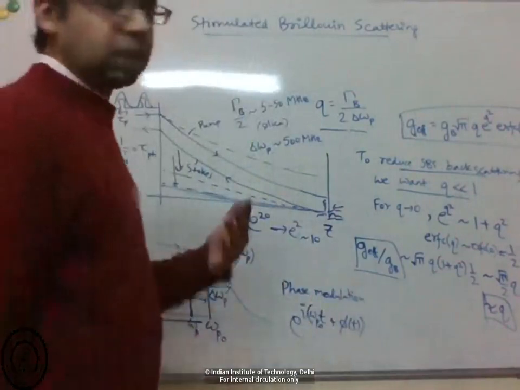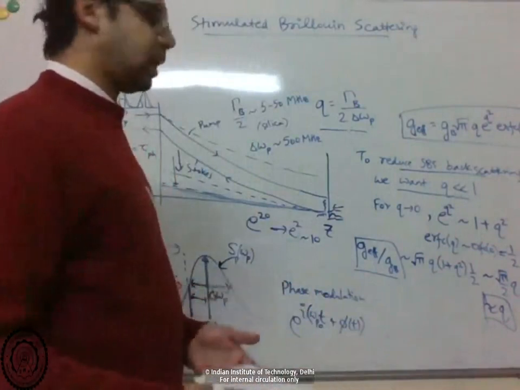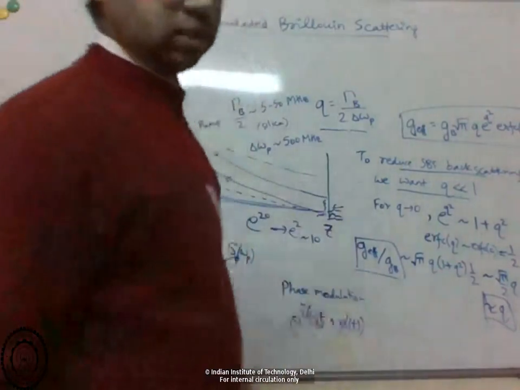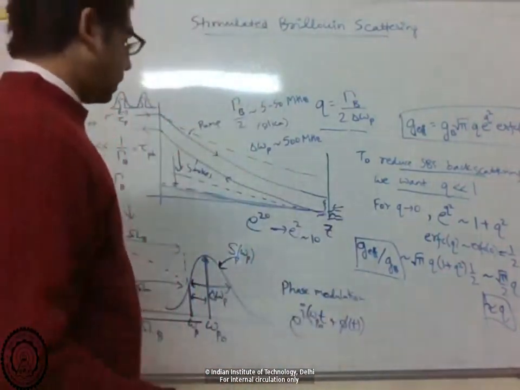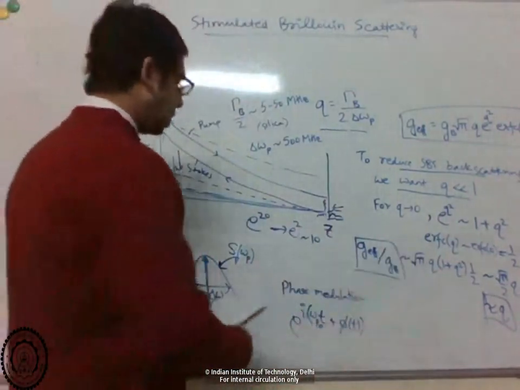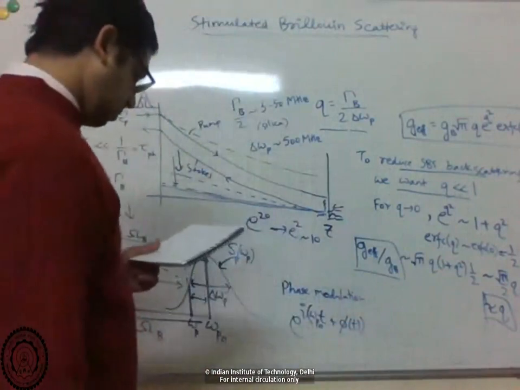For example, you have electro-optic modulators available, standard ones which can go up to speeds of tens of gigahertz. They are based on electro-optic materials like lithium niobate. So you can use these phase modulators and apply some phase onto your pump.